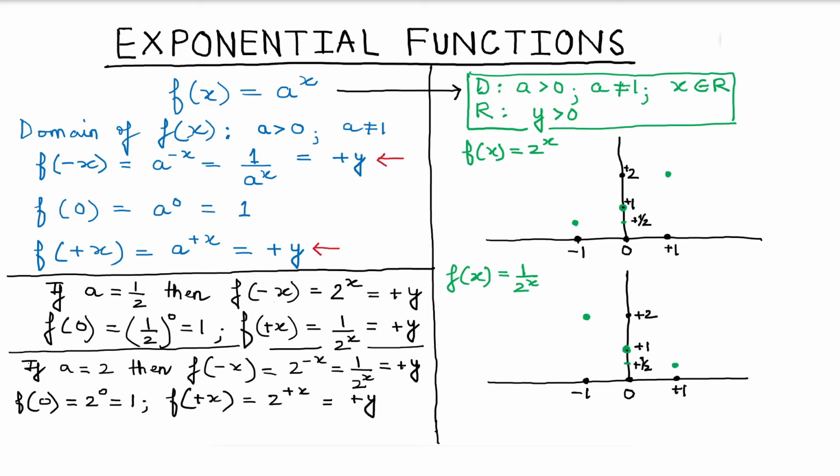So once we have done this, now we can join these points, keeping in mind that an exponential function is a non-linear graph. Now non-linear graph means that this would be a curve which either opens upwards or opens downwards. That is the curve that you are supposed to draw.